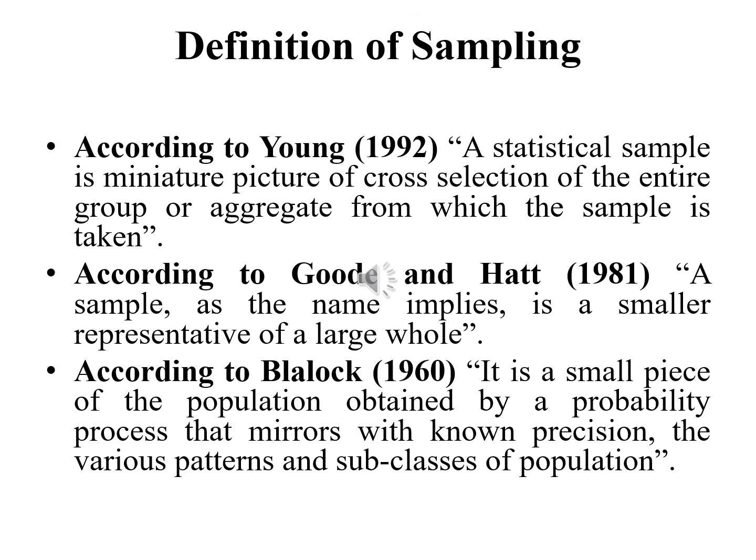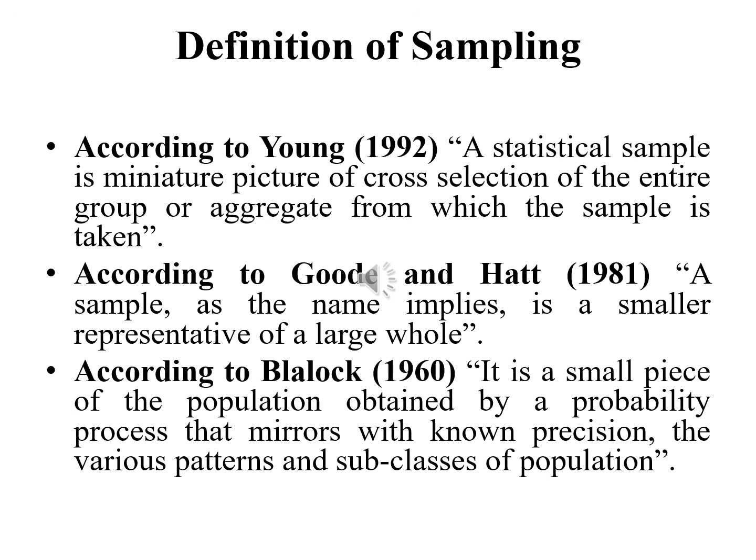Now let's see the definition of sampling. The scholars are saying almost the same basic idea. A sample is a smaller part of a larger population that represents the whole population. According to Young, 1992, a sample is like a miniature picture of the entire population.